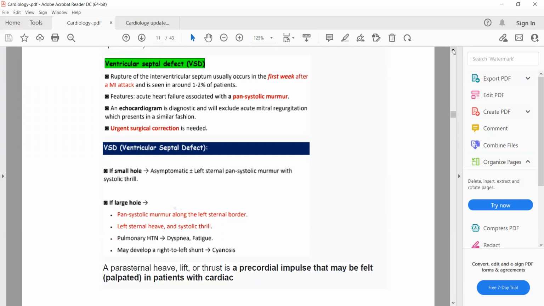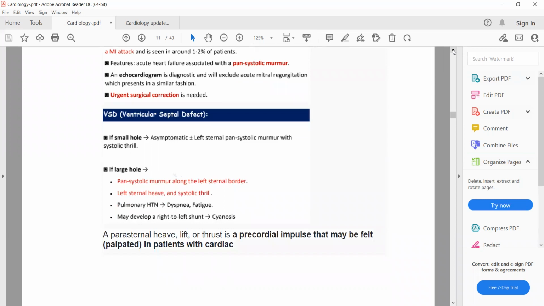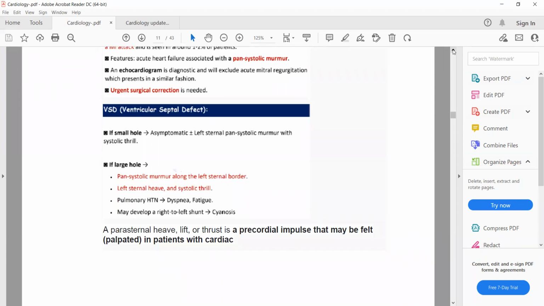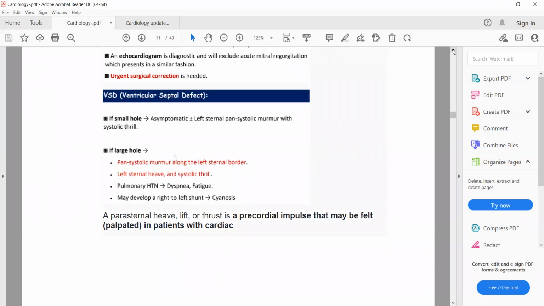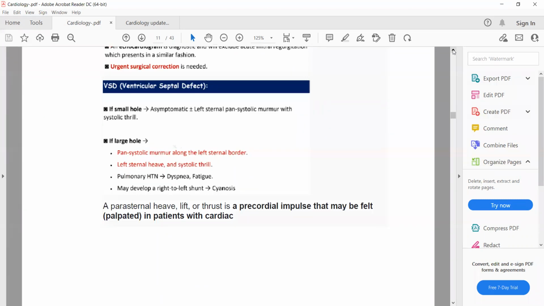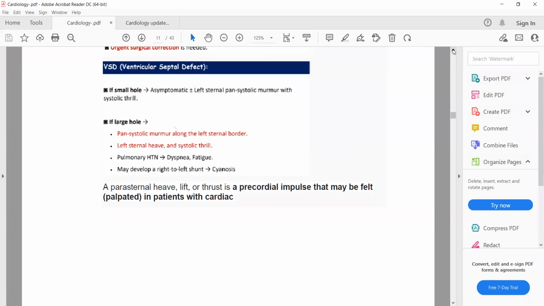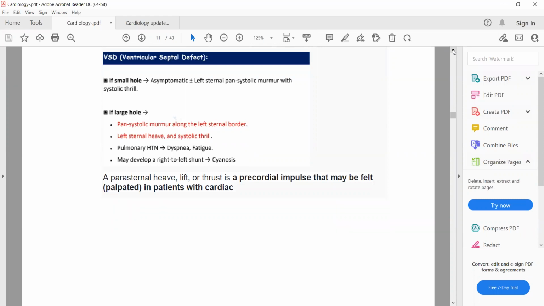If echocardiogram confirms ventricular septal defect, then the management is urgent surgical correction. A ventricular septal defect, if small, is usually asymptomatic, and if large, can cause a pansystolic murmur with left sternal heave and systolic thrill.